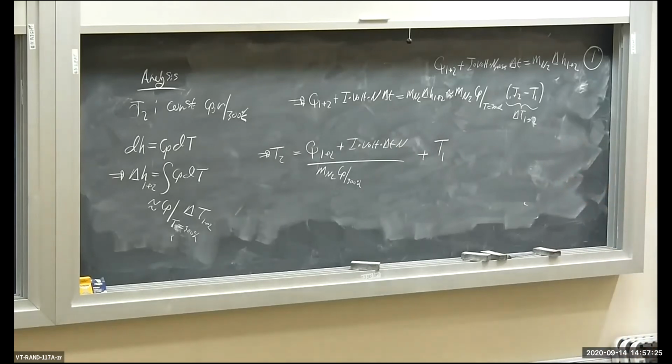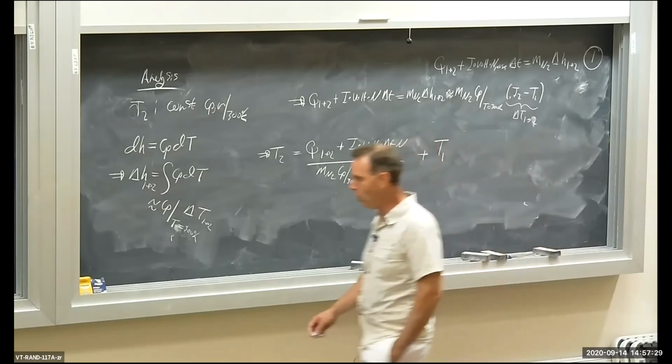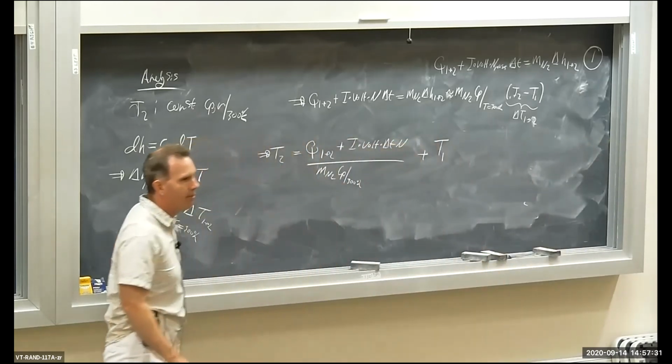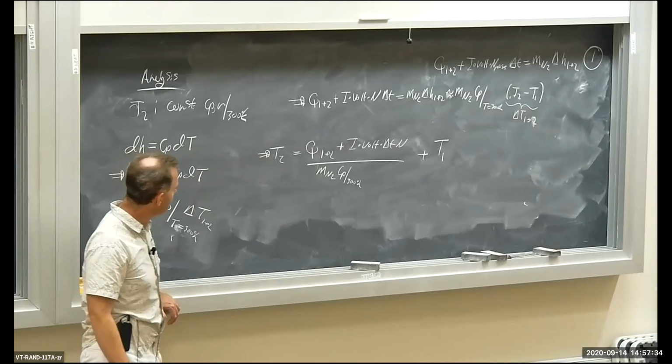So there's my expression for T2, assuming constant specific heats. I can actually solve for T2 explicitly if I assume constant specific heats. Let's see what we got.